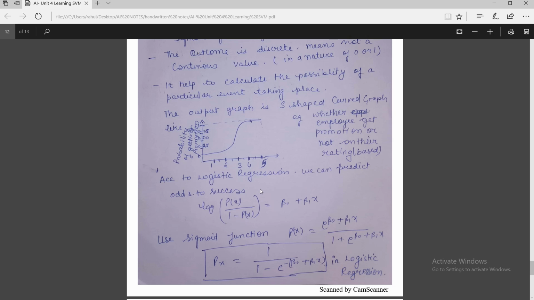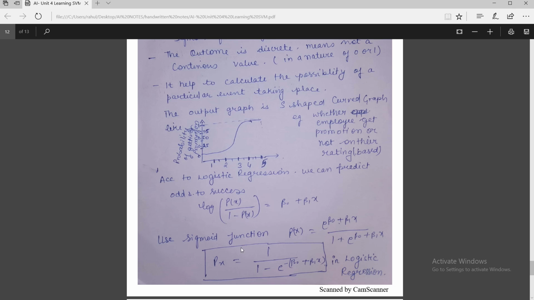According to the logistic regression, we are able to predict the success rate by the formulation of the logarithmic value of the probability of x divided by 1 minus p of x. This is equivalent to this factor.